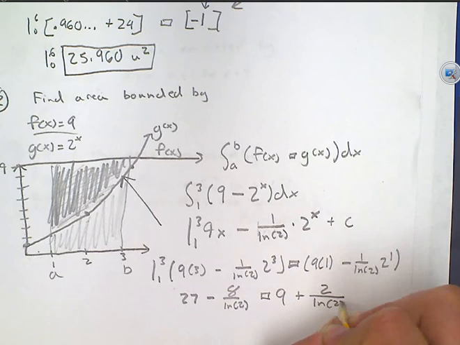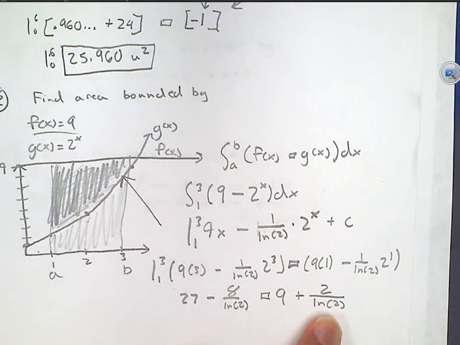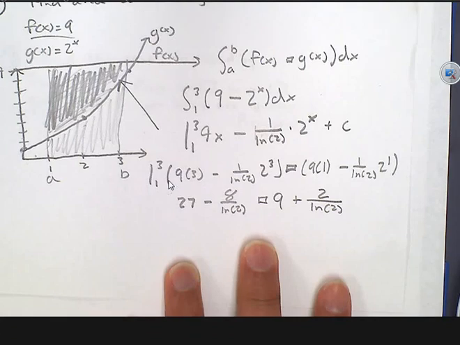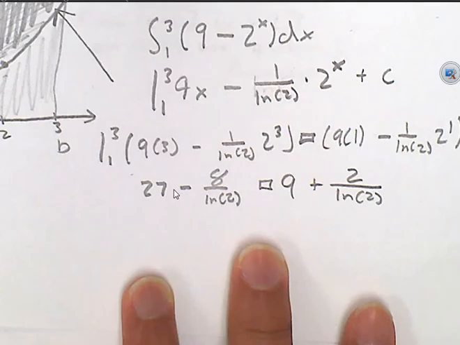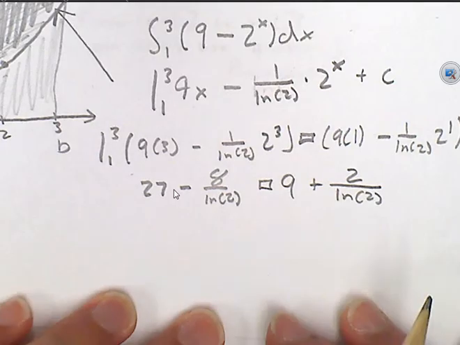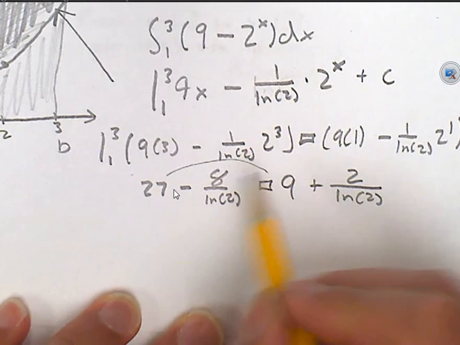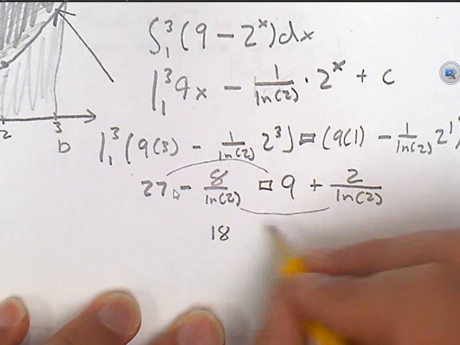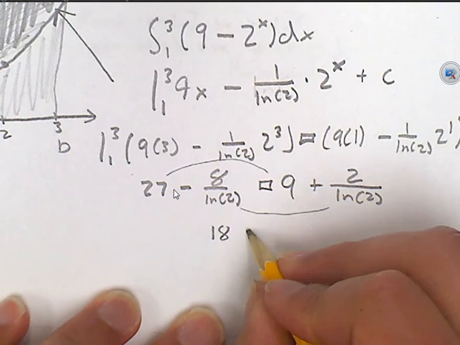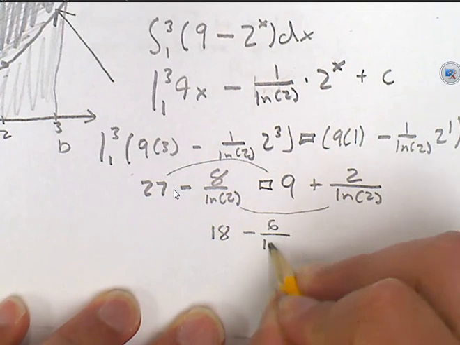Now these 2's can't cancel, and this 8 and this 2 cannot simplify. Let's zoom in here real quick. Now here's something pretty cool. Combine, you get 18, and then minus 8 plus 2 is minus 6 over natural log 2.